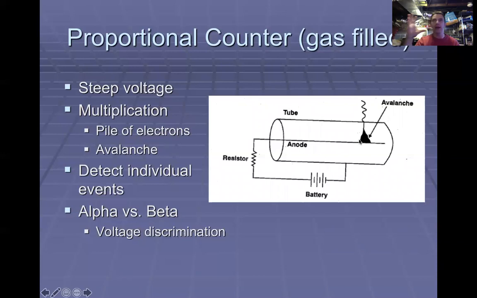So you have one ionizing event that triggers these two ion pairs to start being pulled by the electric field, because the gas molecule unionized is neutral. But as soon as you ionize it, that means you strip an electron from that molecule, and suddenly you have a positive molecule and an electron that are both charged.